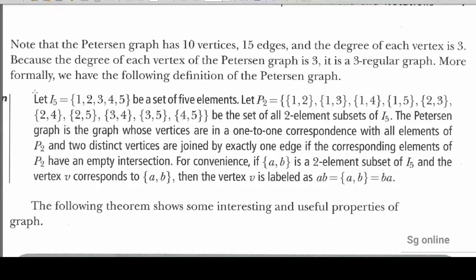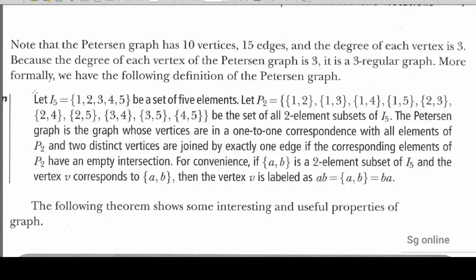So I am going back to the graph. You just remember the definition. All the 2-element subsets of this 5-element set are the vertices, and we will join 2 vertices if they are disjoint.